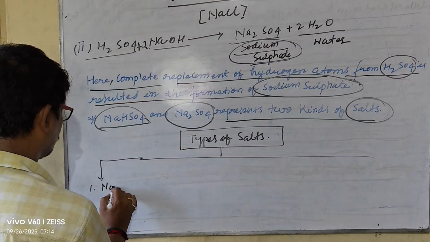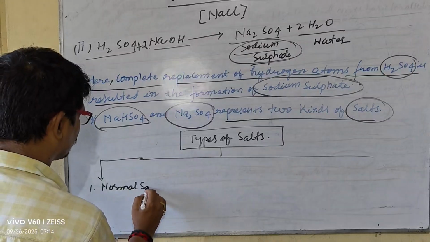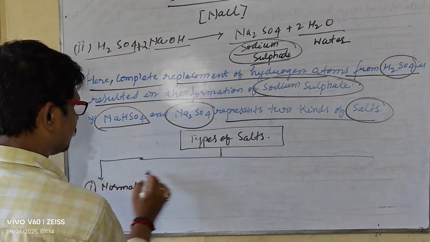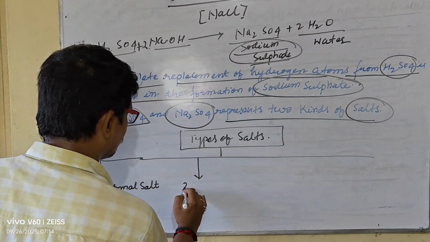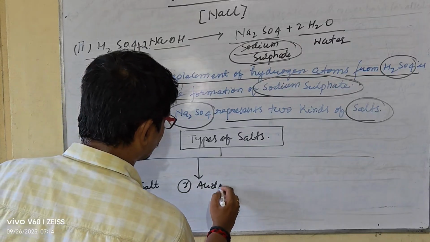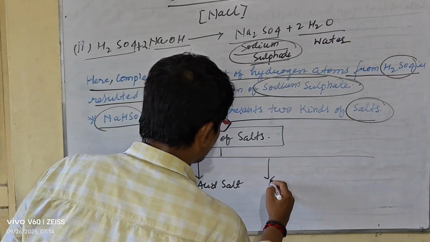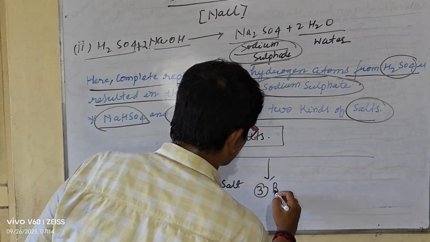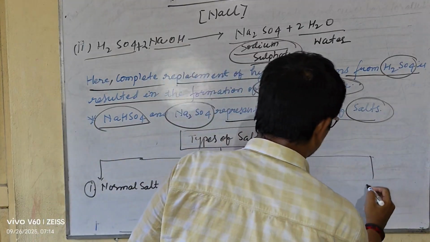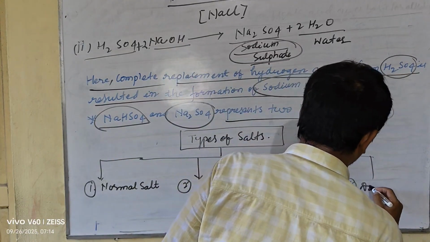First is normal salt. Second is acid salt. Third is basic salt. And fourth one is double salt.